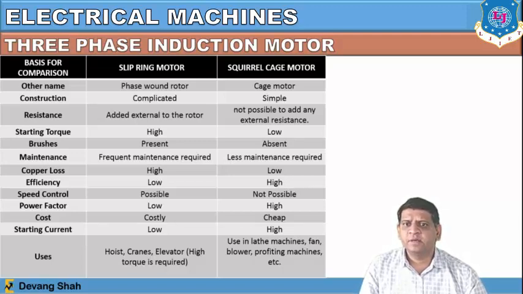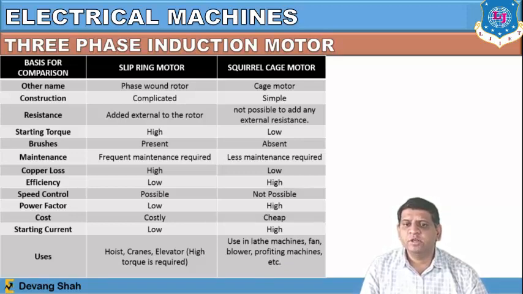Brushes are present in a slip ring motor, and absent in a squirrel cage. Frequent maintenance is required in the slip ring, since in a squirrel cage very little maintenance is required. The copper loss is very high in a slip ring motor while very low in a squirrel cage motor.